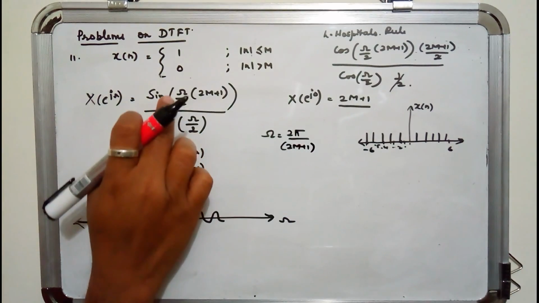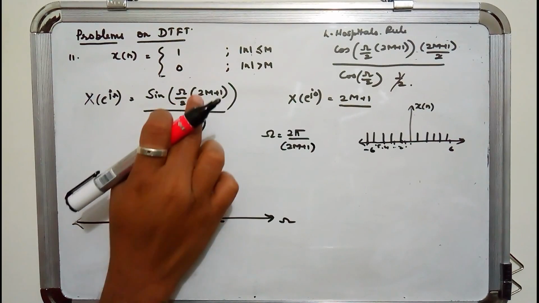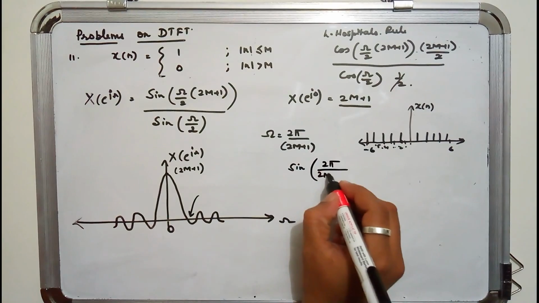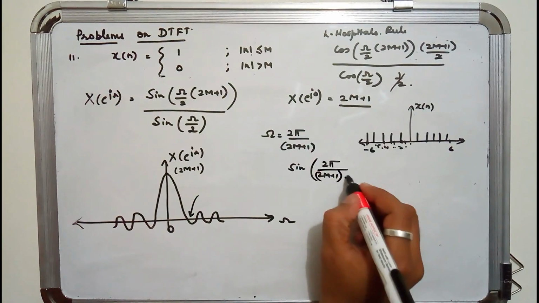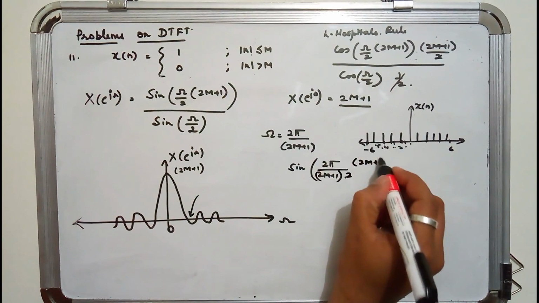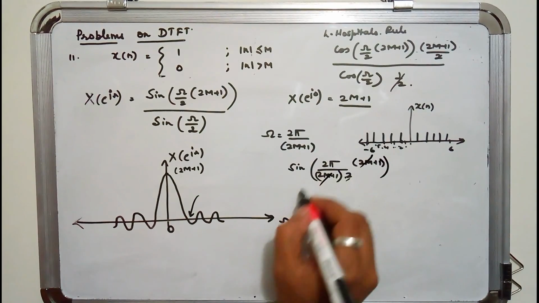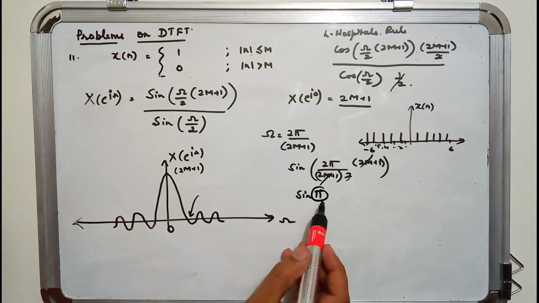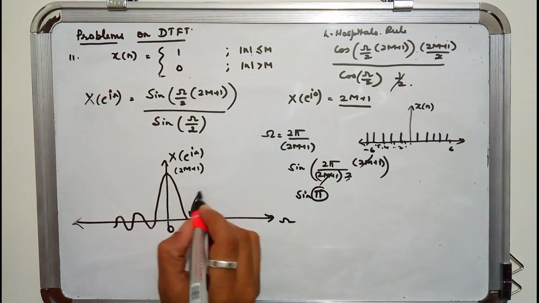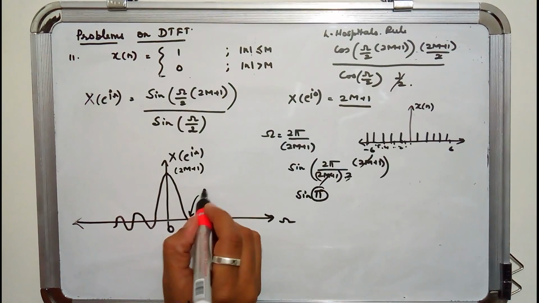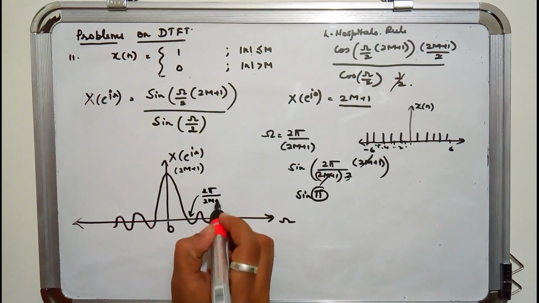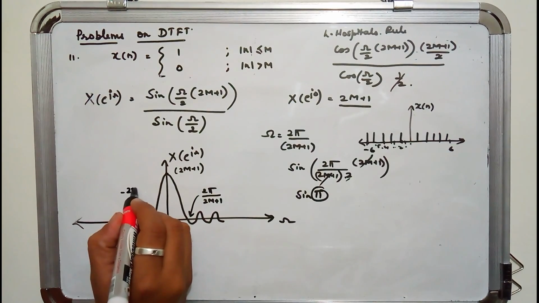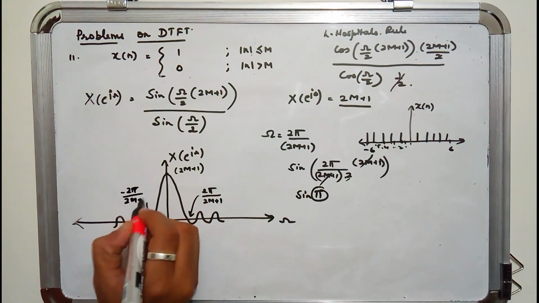If I substitute omega as 2 pi by 2M plus 1, it will be sin of 2 pi by 2M plus 1 into (2M plus 1) by 2, so it will cancel here, and you get sin pi. So this is the lowest value of omega for which sin will go to 0. This value is 2 pi by 2M plus 1, and the value on the negative side is minus 2 pi divided by 2M plus 1.